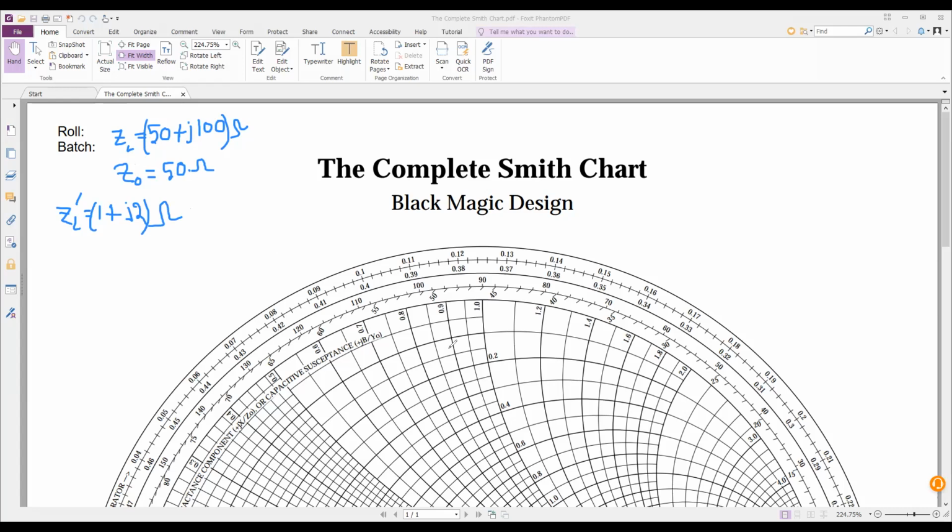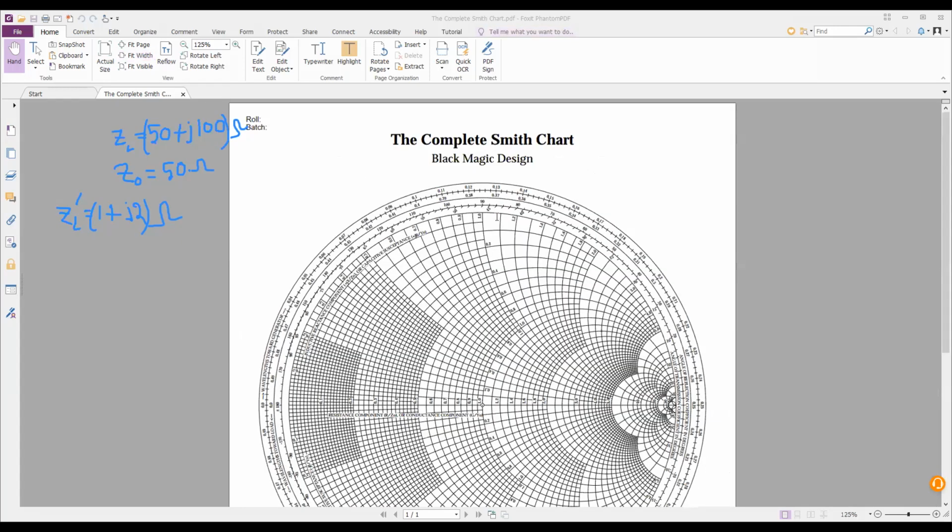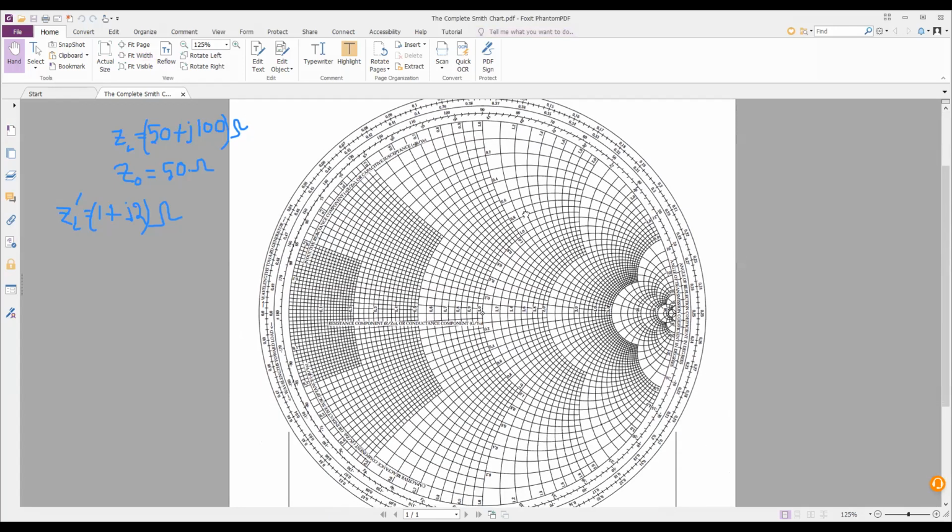Now I have to put this into the Smith chart. How to put it? See very carefully.